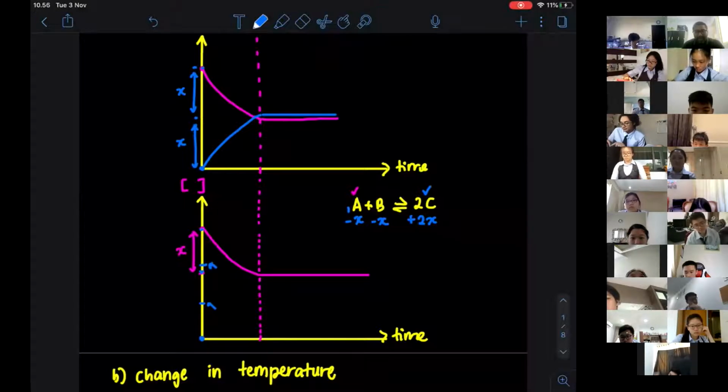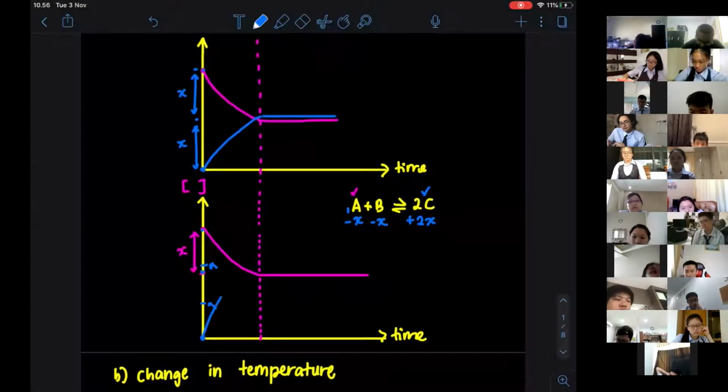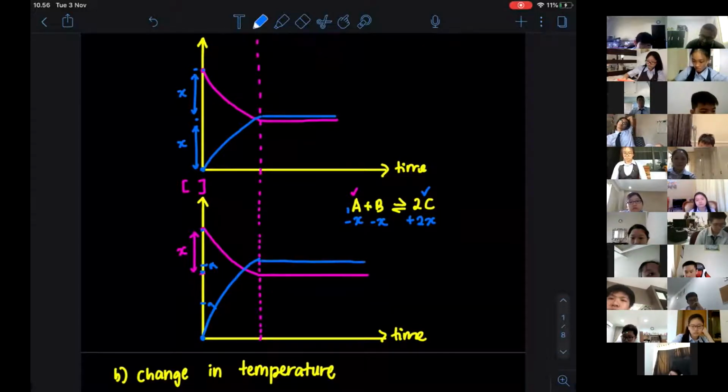So I am expecting the blue line to increase all the way up until there, and then it is going to become equilibrium. You can see, depending on the equation, the way they change is different.